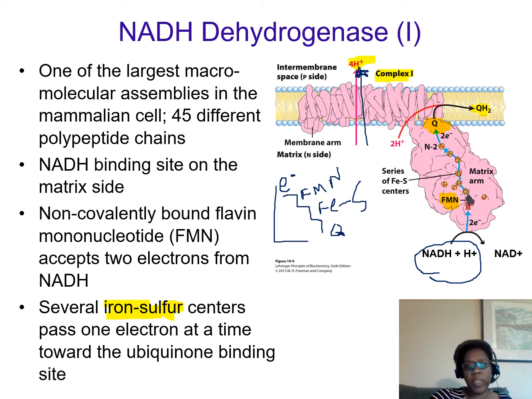The matrix side is now called the N side because it's more negative, because we lost 4 positive charges. And the intermembrane space is called the P side because it's more positively charged, because we pumped out those protons. And where do we get the energy to pump out those protons? From the energy that was released every time we transferred electrons.